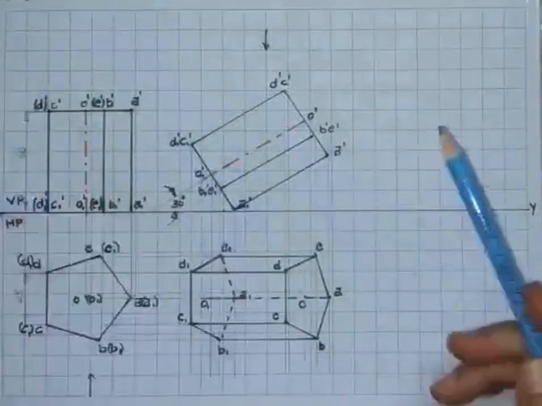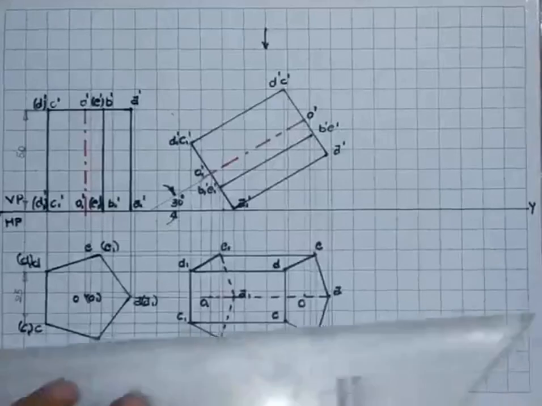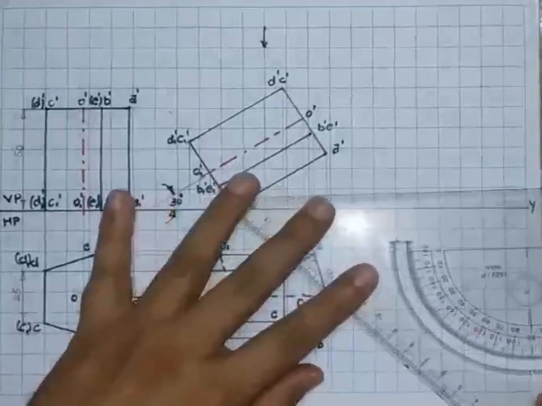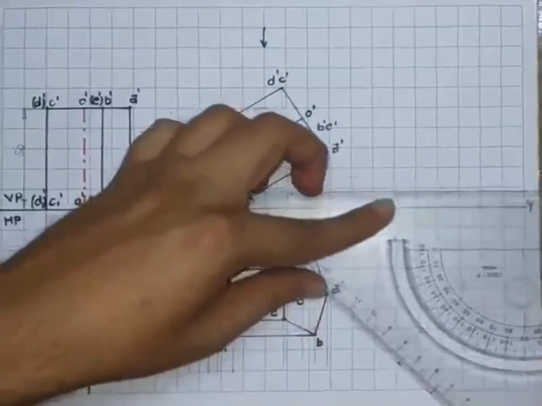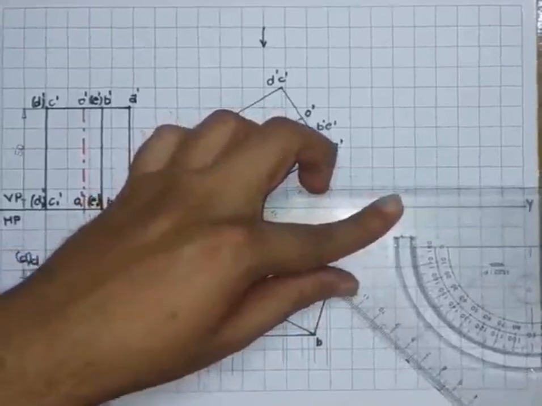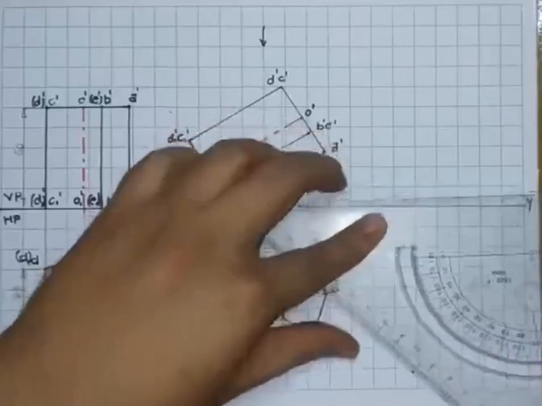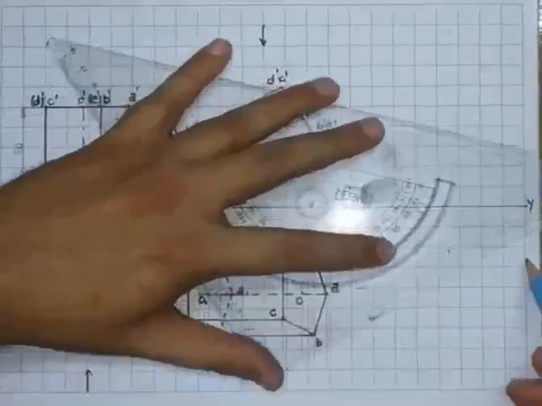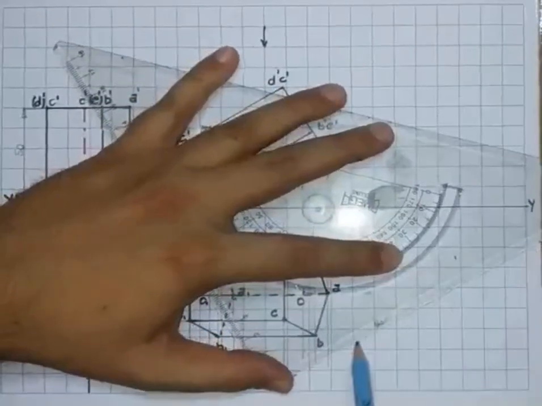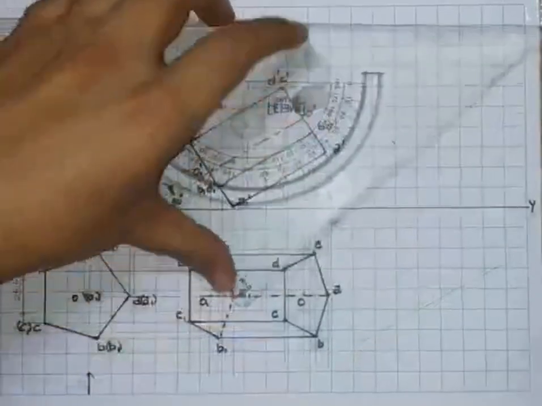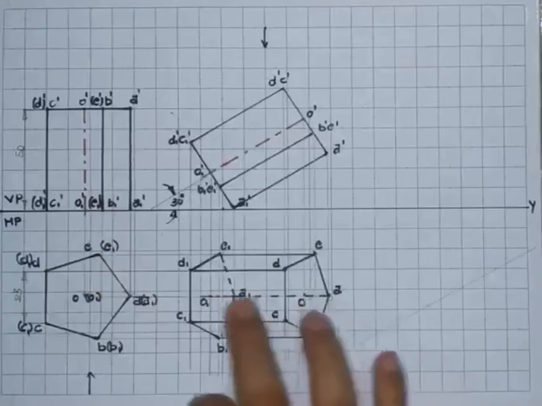Now I am going to draw a 30 degree line. On this 30 degree line, I am going to mark this point.